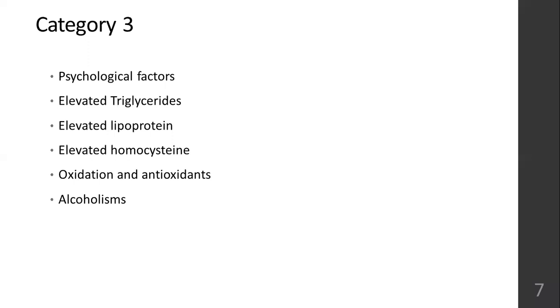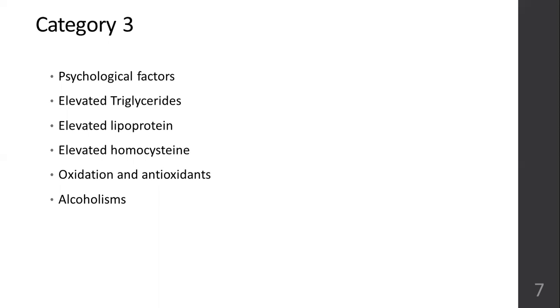Then you have category 3. In category 3, these are the risk factors for which, again, if you take interventions, it can lower the development of cardiovascular diseases. The psychological factors: depression, people who suffer from depression, social isolation, social anxiety, any anxiety-related disorders also come under psychological factors.